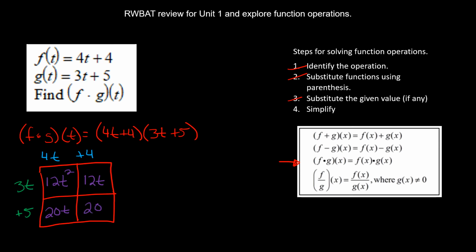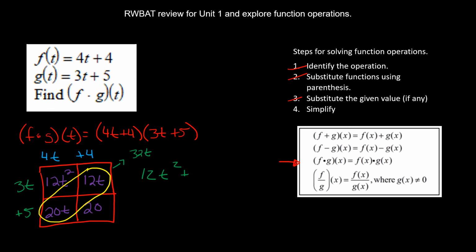Okay, we know that these two squares we can combine. And so that means that our final answer when pulling these out is 12t squared. These two middle terms, we have 20t plus 12t, that is going to be 32t. 20 plus 12 is 32, and the t stays the same because we're just combining like terms.